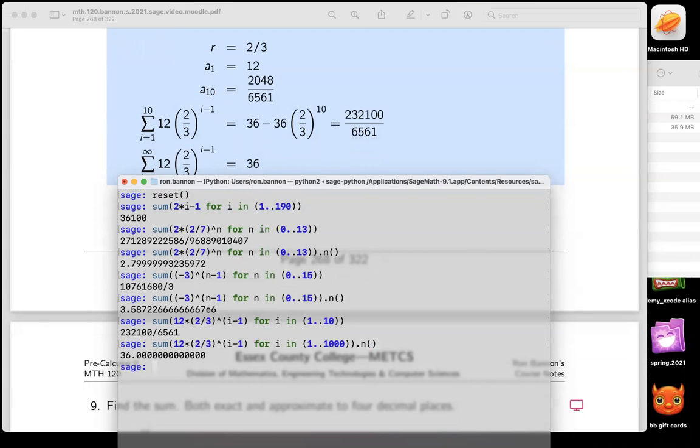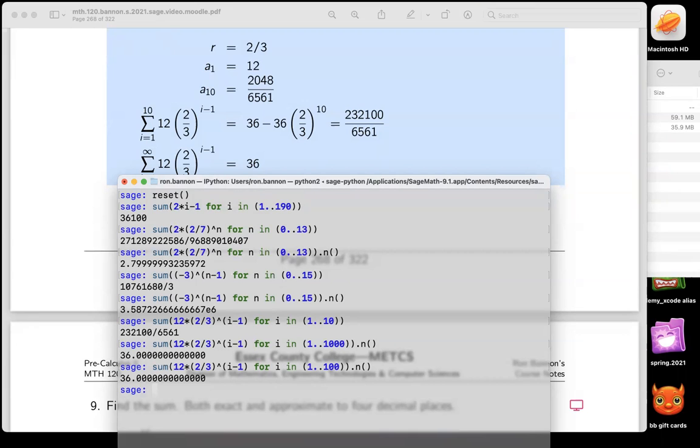And wow, look at that, 36. You see that? And 1,000 is not that big, by the way. Let's say you went to like, I don't know, 100. Well, 36. What are we basically saying there? We're saying that as n gets larger, this thing gets closer and closer to 36.